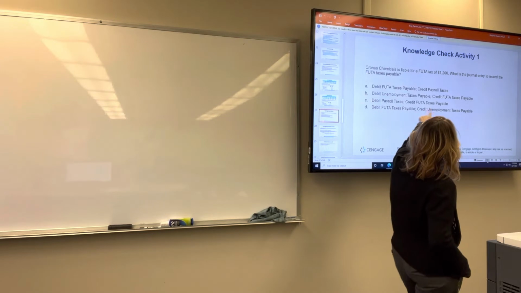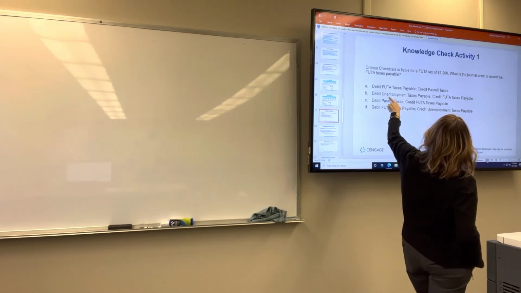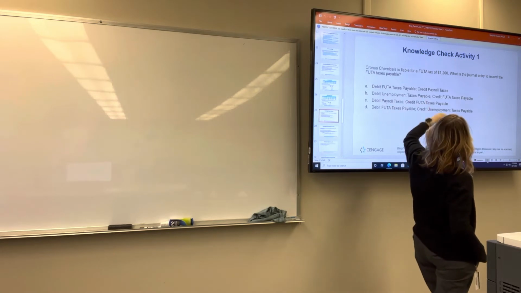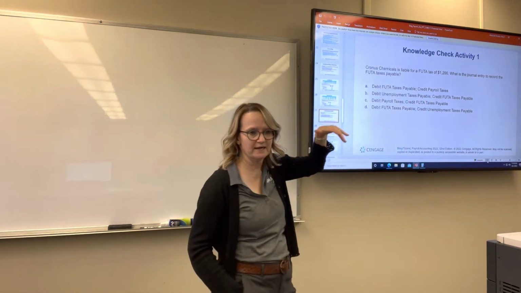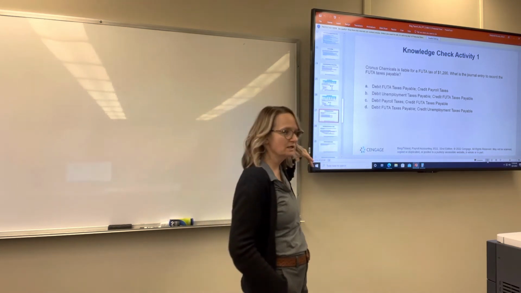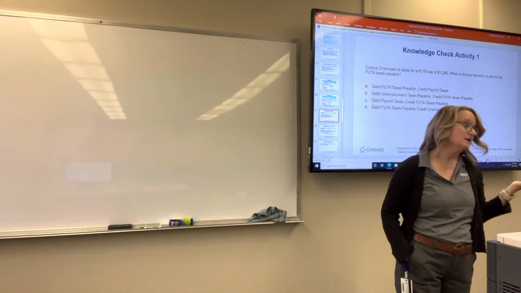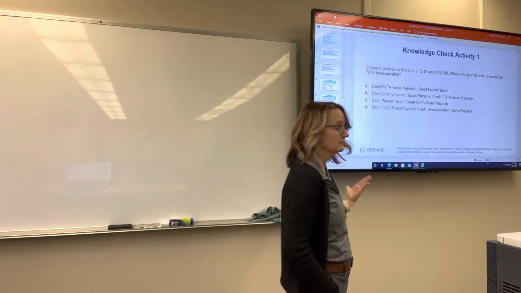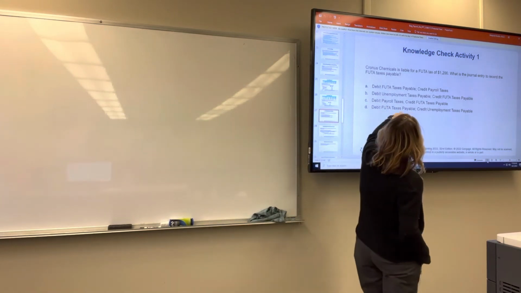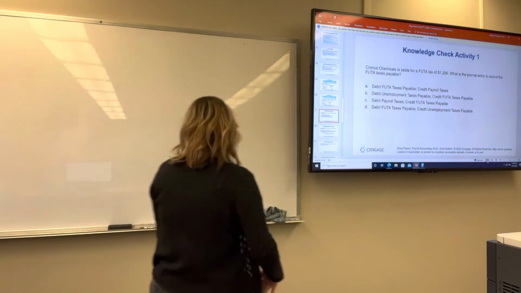So we're going to credit FUTA taxes payable. Are we going to debit unemployment taxes payable? Now we're debiting a liability account at the same time that we're crediting a liability account. The only time we would do that is if we made some sort of mistake and originally credited to the wrong liability account. So we can eliminate that one. We're left with debit payroll taxes and credit FUTA taxes payable.